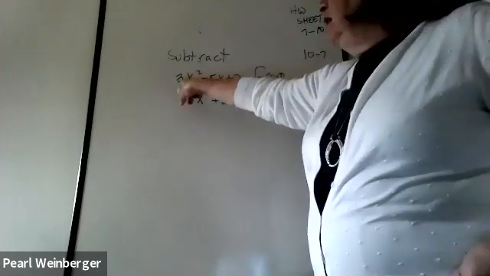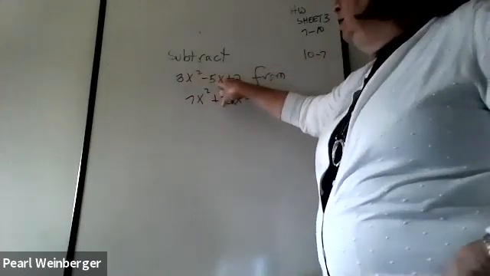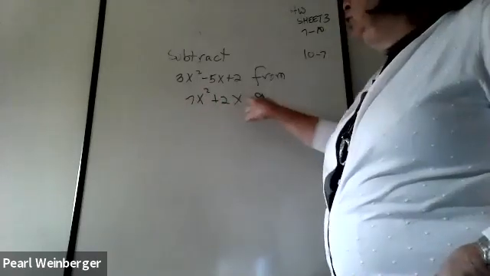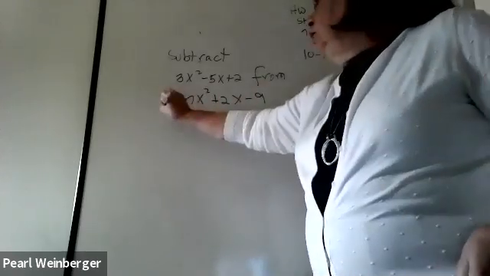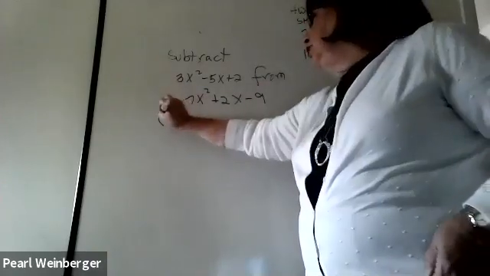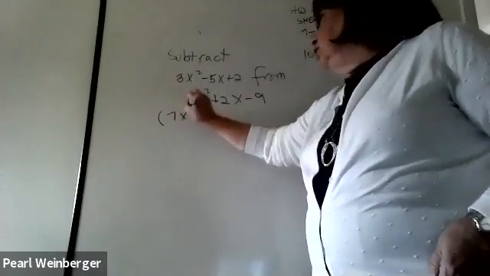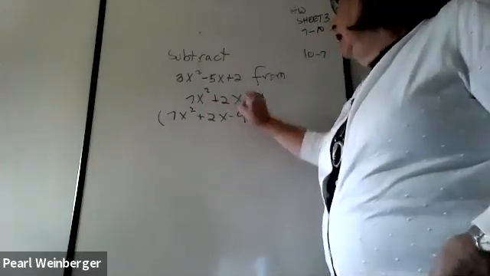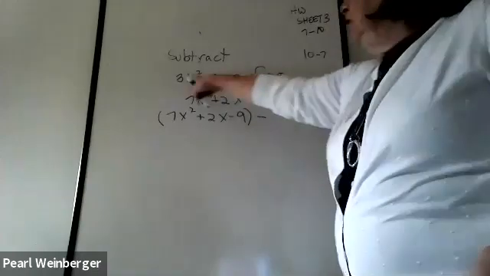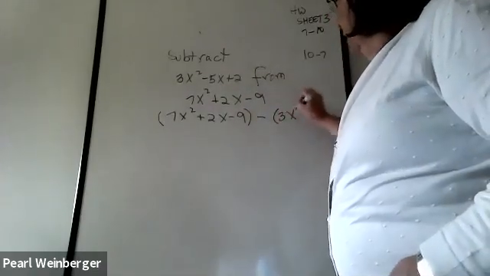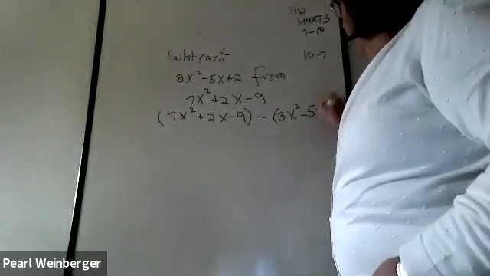So when this says subtract 3x squared minus 5x plus 2 from 7x squared plus 2x minus 9, what has to go first, the trinomial that goes first, is the 7x squared plus 2x minus 9. And then we minus what we're subtracting, the 3x squared minus 5x plus 2.